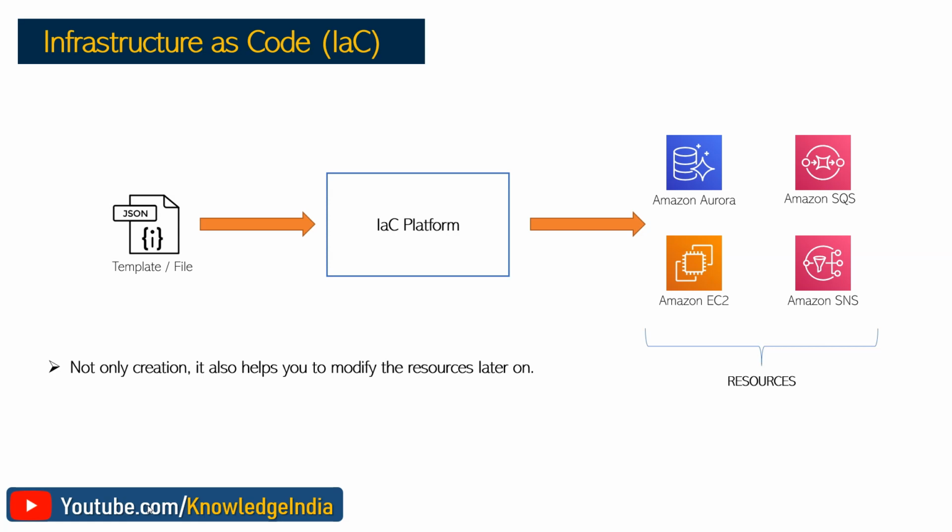And please understand, infrastructure as code is not only about provisioning your resources one time and then forgetting it. It can also help you to modify the resources to any other state, or with any other new attributes if you want. For example, let's say you have created a machine with a particular size.